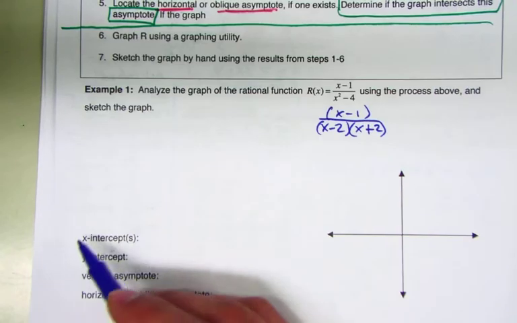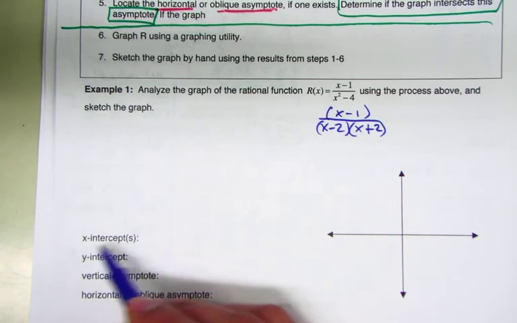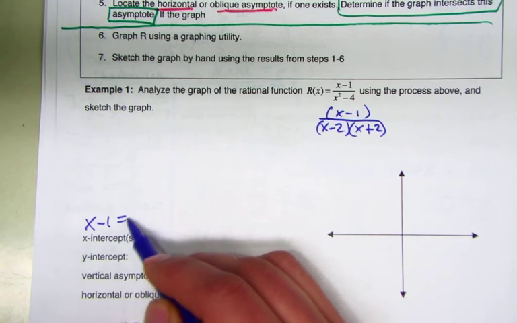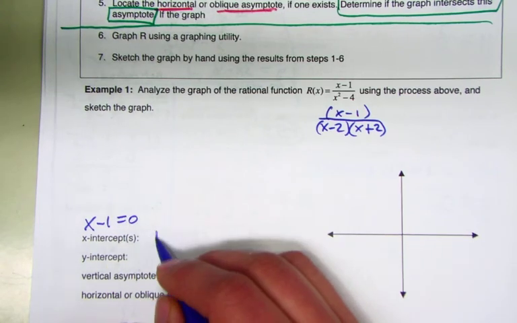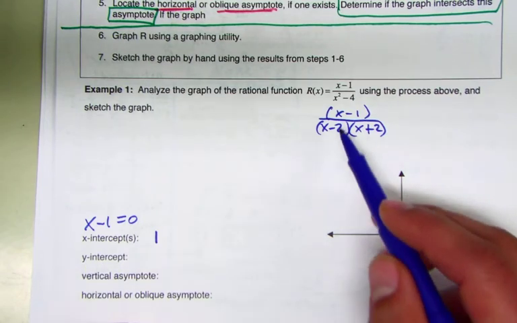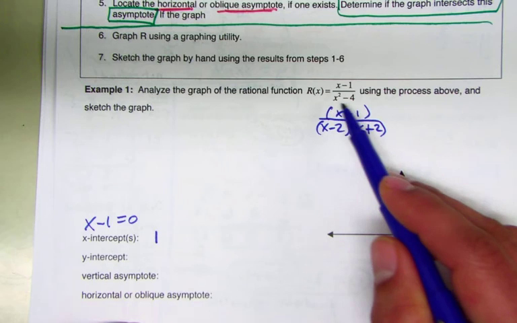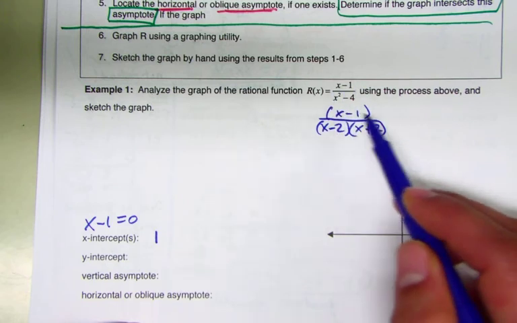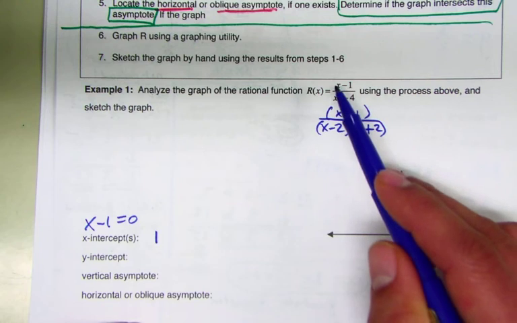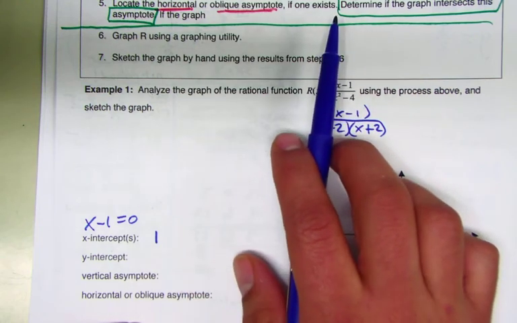So I'm just going to go down here and find the x-intercepts first. X-intercept, we take the numerator and find the zeros there. So we get 1. Okay, if at any point I go a little quick or you're not following, please just stop me. The y-intercept, we're going to plug 0 into x. You can do it either at the very beginning or after we factor, but it's easier here, because you can see your answer when you plug in 0, can't you?